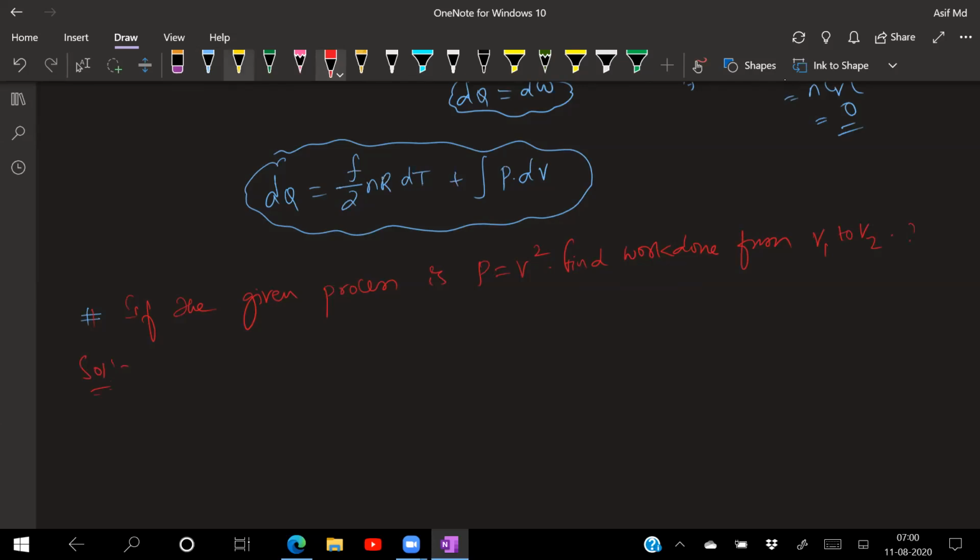This is the question. What is the given process for me? P is equal to V square. Find the work done from V1 to V2. I also told you the limit substitution in integration, beta. How to substitute the upper limit and lower limit? Yes, sir. That you know. Okay, now see, I'll tell you with some problems, then we can go for the remaining.